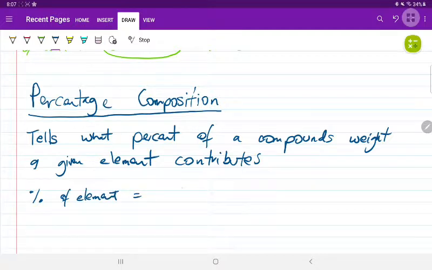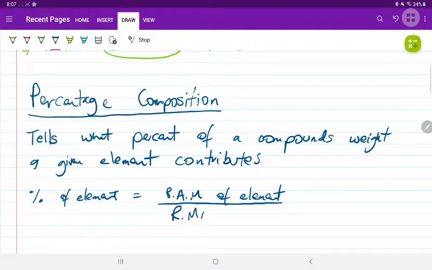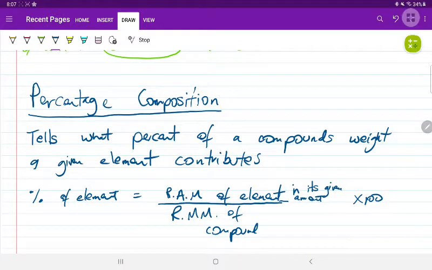the element, which is equal to the RAM of that element divided by the RMM of the compound multiplied by 100. Now this RAM of the element is in its given amount.